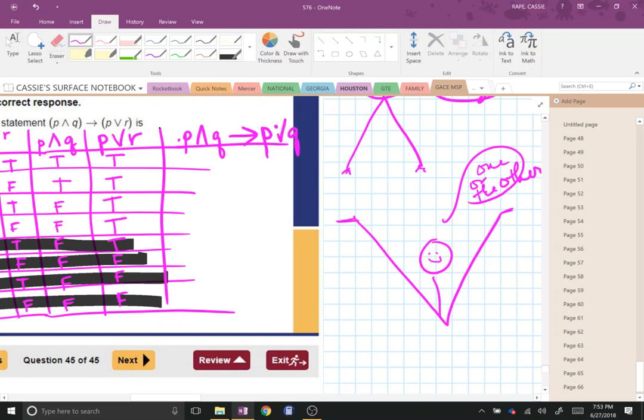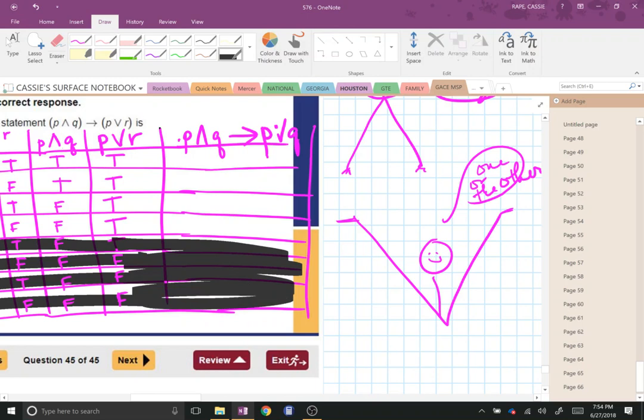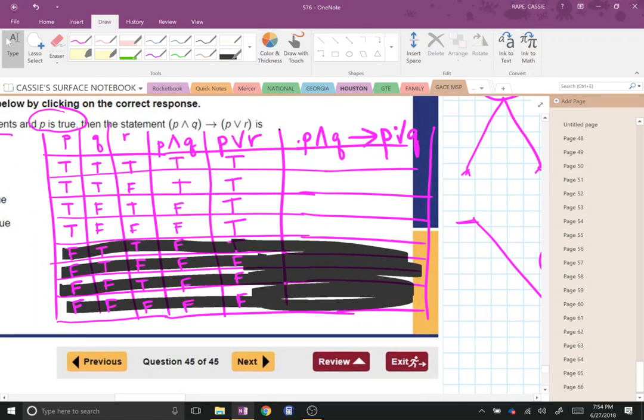It kind of, sort of, I hope your rationalization skills are kicking in and you're going, well, yeah, that kind of makes sense, right? But let's look and see. If P and Q is true right here, so you're only looking at these two situations, do you automatically know that P or Q is true? And if you look, yep, you do.